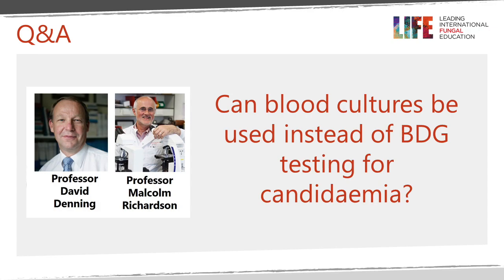Okay, so another question that's just come through. Can fungal blood culture replace glucan detection in the absence of the former? In candidemia, there have been several studies, autopsy and other means of approaching the diagnosis, like the one from Pittsburgh that I showed you, which all indicate that the sensitivity of blood culture for invasive candidiasis is about 40%.